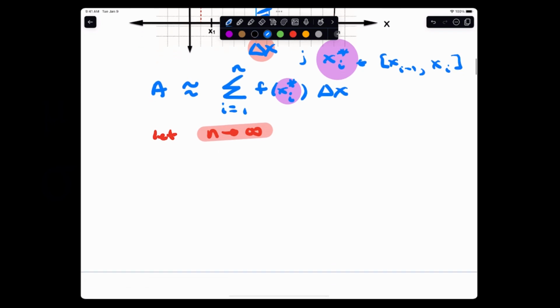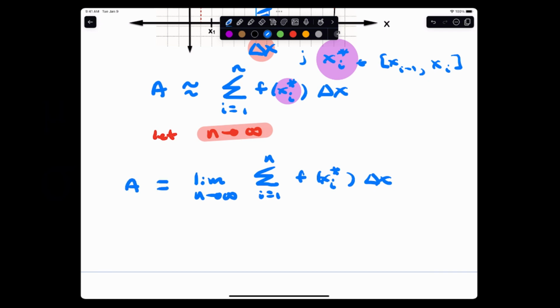What that now means is you're taking the limit as n goes to infinity of the sum i from 1 to n of f of xi asterisk delta x. Where the area now is no longer approximate. What does that symbol mean here? You have an exact area. All right, you guys with me on this?